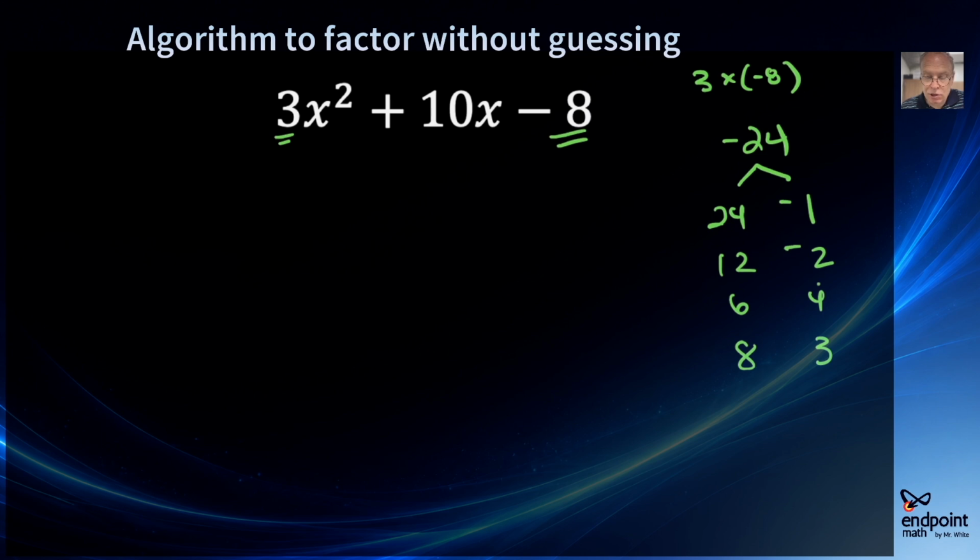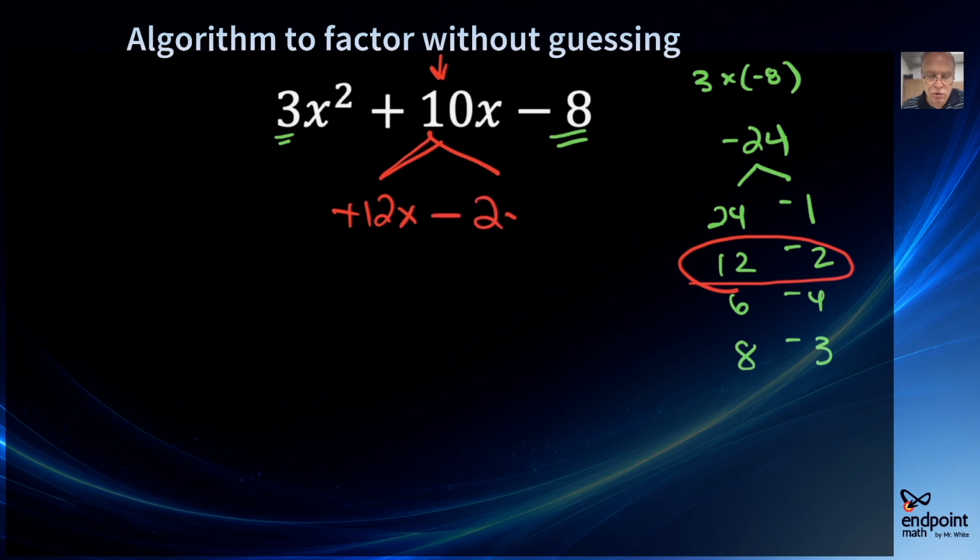So I'm going to make the smaller one negative. Why do you think I did that? It's because 12 minus 2 will give me the positive 10 of that middle term. So I'm going to split that 10x into positive 12x and negative 2x. Those combine to be 10x, and the minus 8 comes down with the 3x squared.